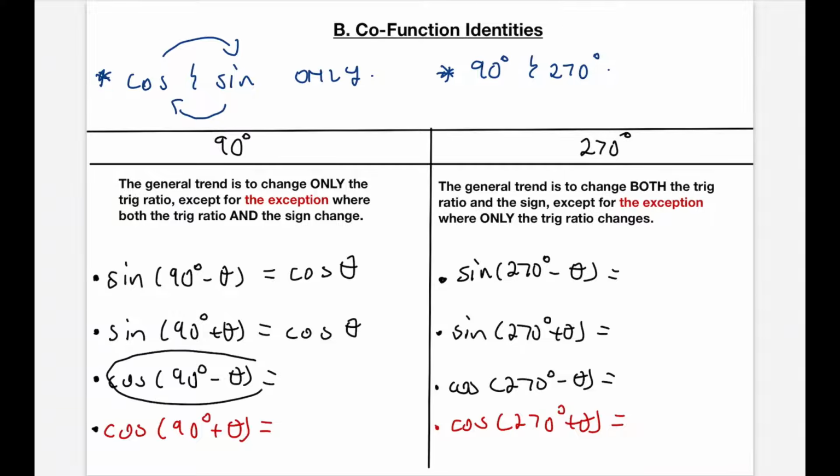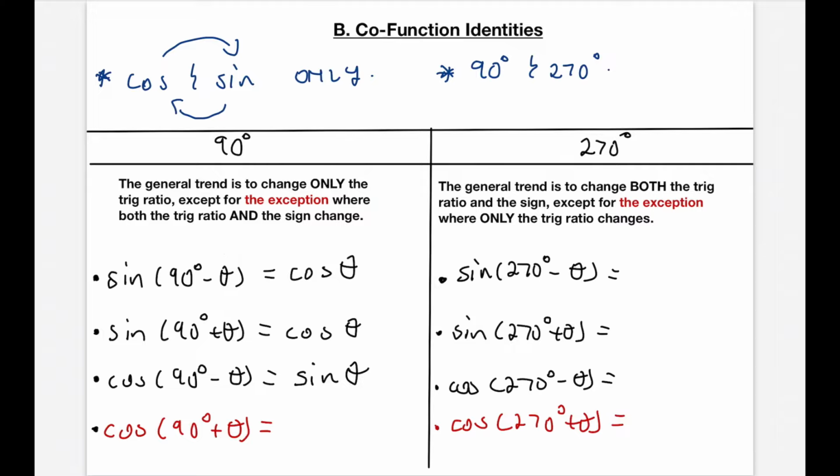And if you have the cos of 90 minus theta, that changes to become sine of theta. What I want you to notice here is that with the 90 degree cofunction, a sine generally just tends to become a cos becomes a sine. Sine becomes cos, cos becomes sine. That's the general trend when you see a 90 degree cofunction.